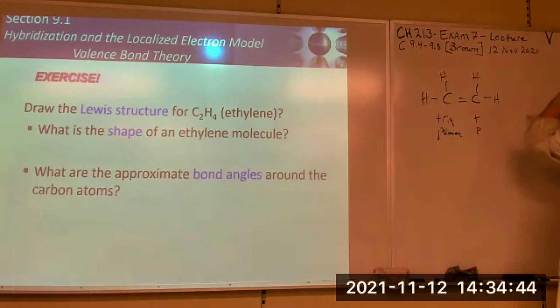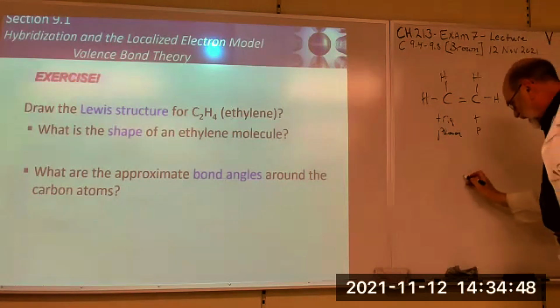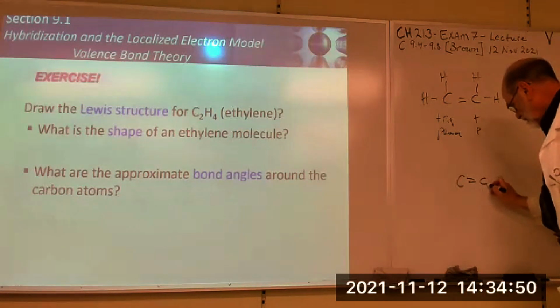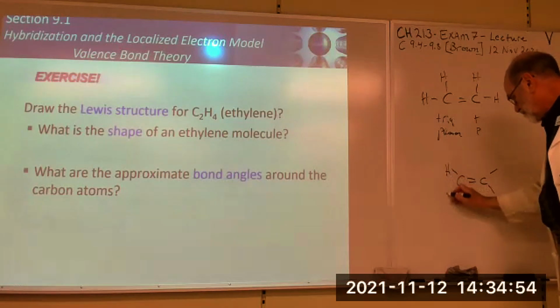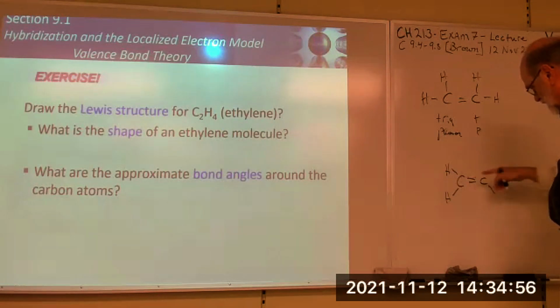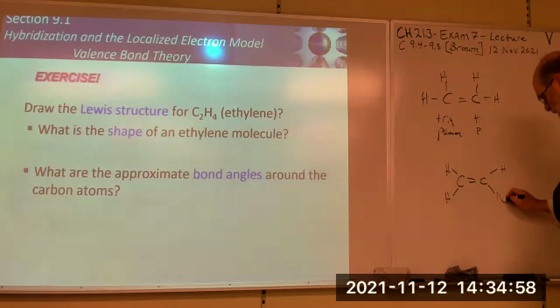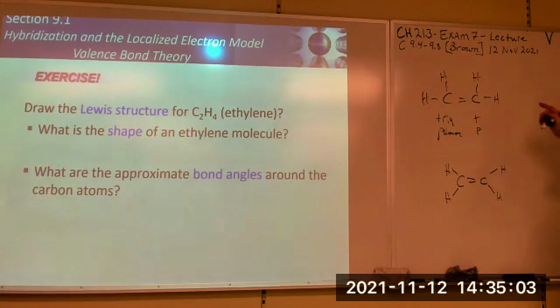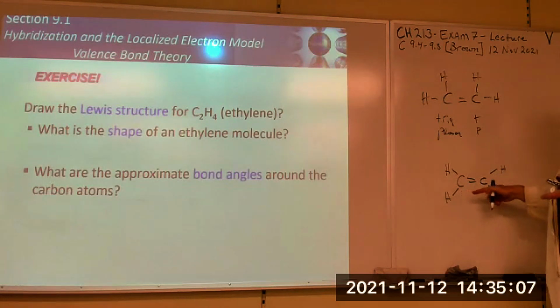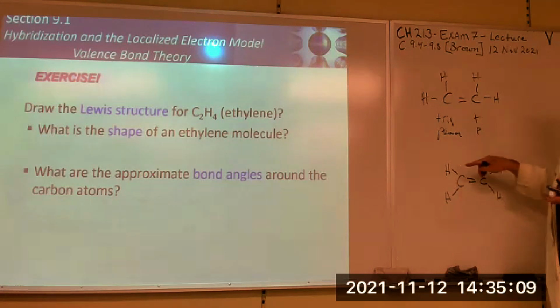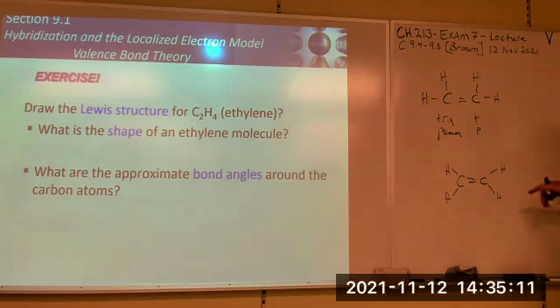Okay, they're both the same, which means they should look like this, with this equal trigonal shape here. Now we have to decide, well, the bond angles we're expecting, right? 120 degrees. 120, 120, 120, makes 360. So the bond angle should be 120.